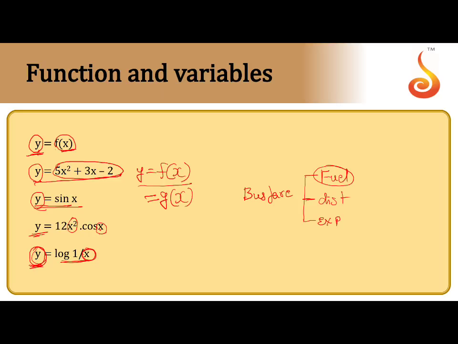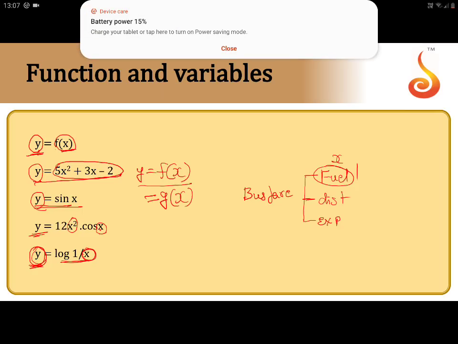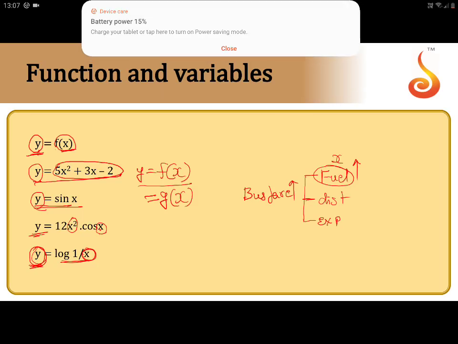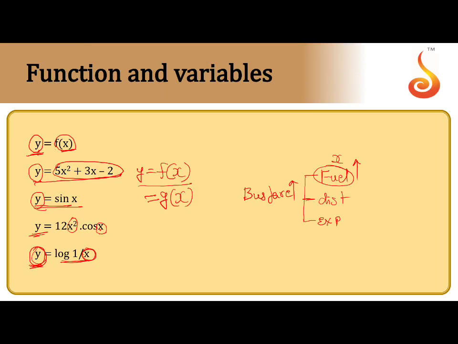The fuel cost can be treated as X. As the fuel cost increases, the bus fare also will increase. This bus fare can be treated as Y. Suppose the fuel price increases by 2 rupees per liter. The bus fare might not increase by 2 rupees. There is a function, there is a relation may be defined as one of these.